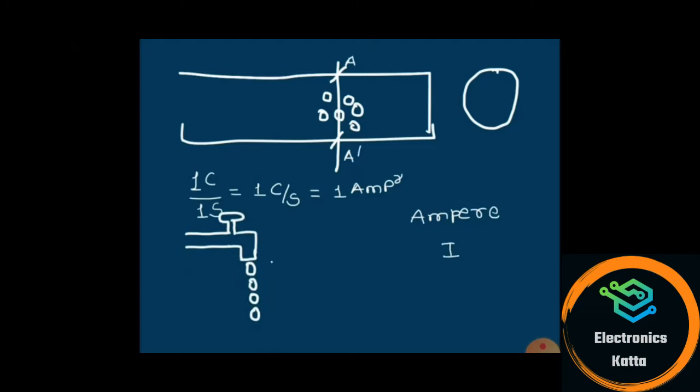The amount of water flowing through the tap depends on the rate at which the water particles are coming out of this tap. The higher the rate at which the particles are coming out of the tap, the more will be the water flow. Likewise, the higher the rate at which this electrical charge or electrons pass through this reference point, the higher will be the flow of current. So if 5 coulomb of charge is passing through this reference point in 1 second, then we can say that the flow of current is 5 ampere.